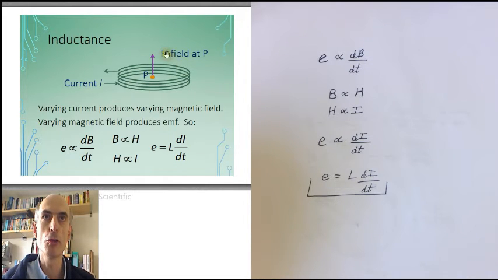The more coils we have in our spiral here, the greater the H field that we will have for a certain amount of current flowing through. Another way we can increase the inductance is to look at this equation. B is proportional to H, and try and make the constant of proportionality in that expression as large as possible. And we'll look at ways to do that in the next video.